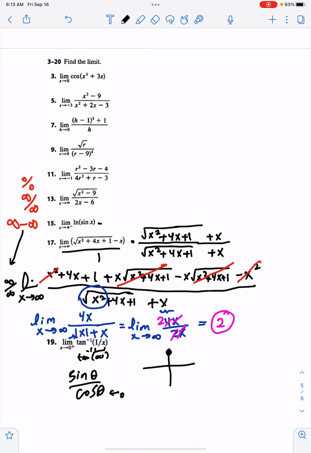And so tan inverse of infinity is going to be pi over 2. The first place that you would get infinity is tan of pi over 2. So here's what you know: tan of pi over 2 is infinity. So tan inverse of infinity, which is this question, is equal to pi over 2. And so pi over 2 is the answer.